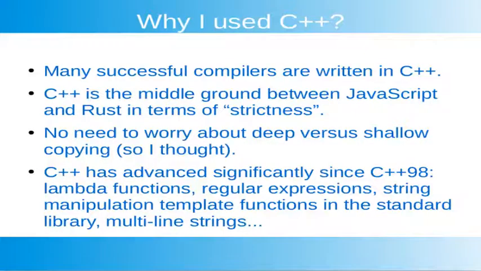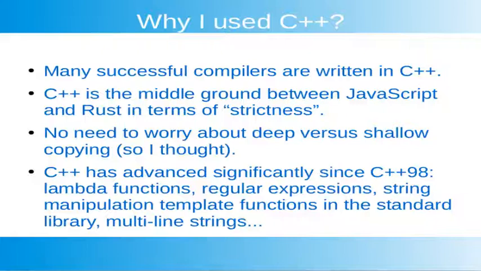So why did I use C++? Well, many successful compilers are written in C++. The early versions of the Rust compiler were written in C++. GCC is written in C++, Clang is written in C++, and so on.